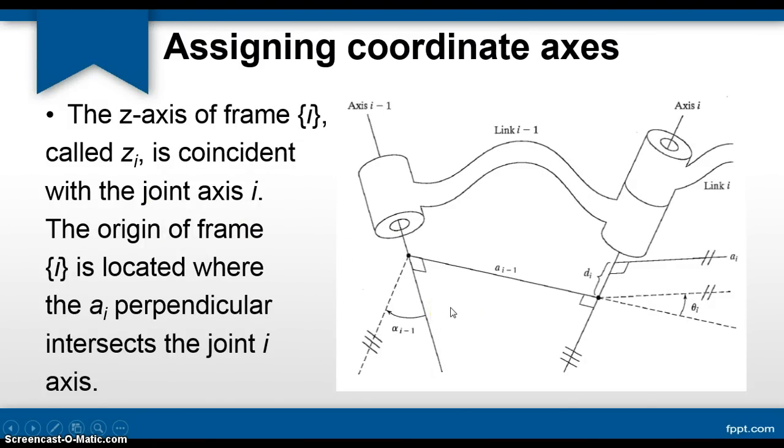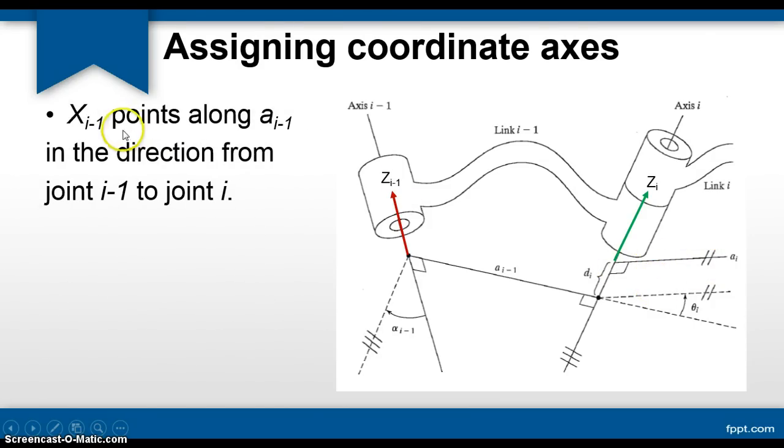So let us say axis i minus 1 will be labeled as axis Z i minus 1. Link length intersects at this particular point. Similarly for axis i, we label axis Z i, where link length a i intersects at this particular point.